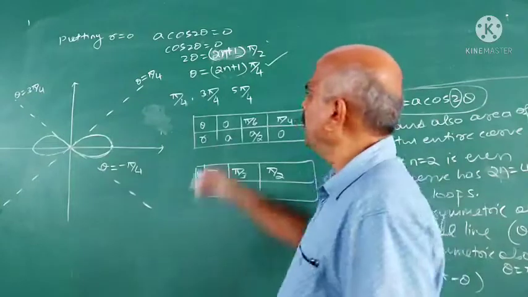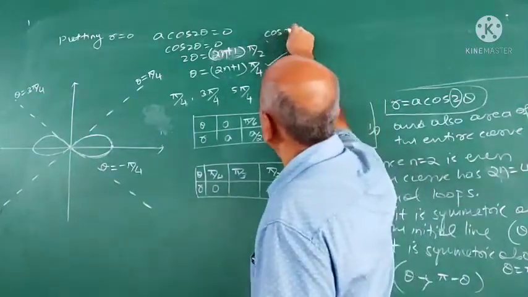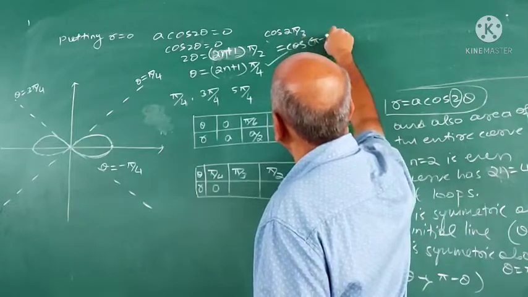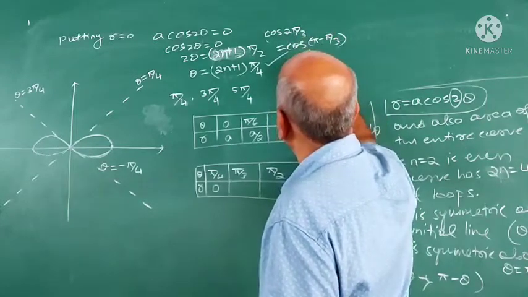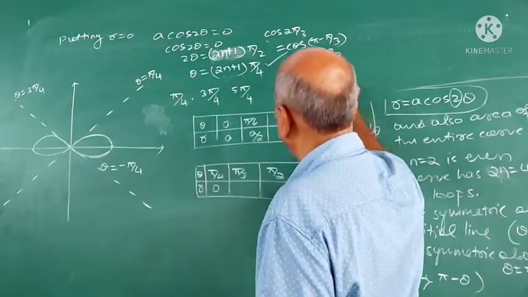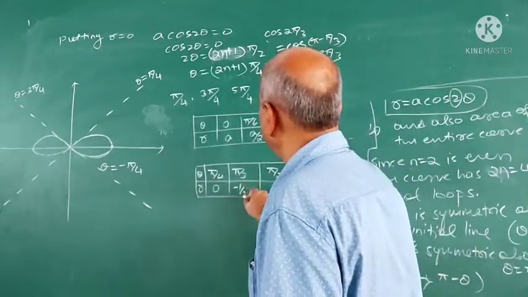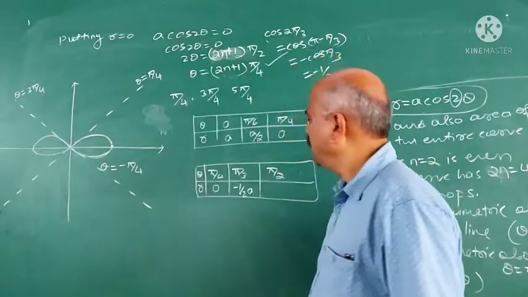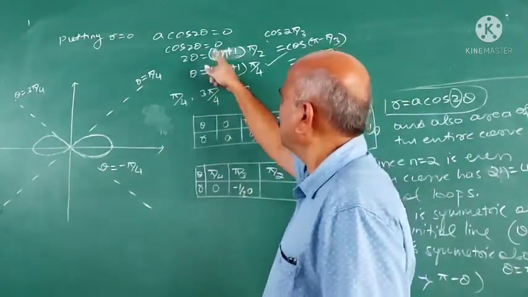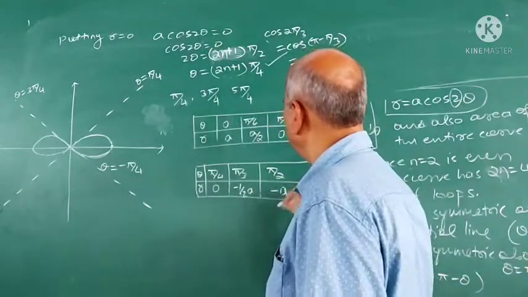What is cos 2 pi by 3? Cos of 2 pi by 3 is cos of pi minus pi by 3, which is minus cos pi by 3, minus half. Therefore r is minus 1 by 2 a. And at pi by 2, it becomes cos pi, minus 1, so r is minus a.